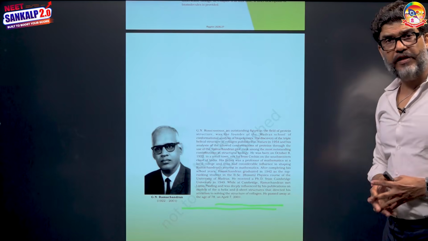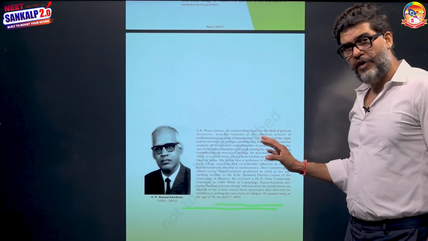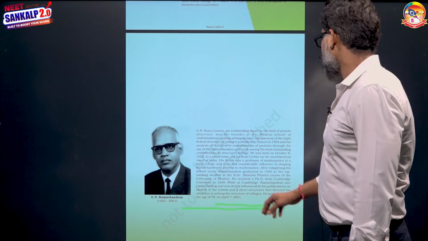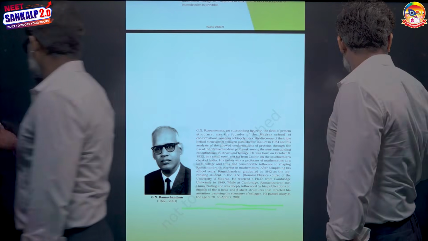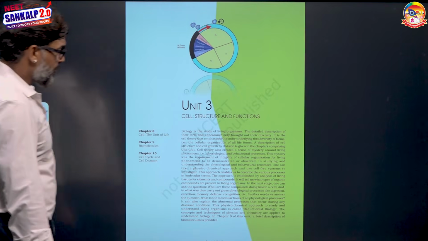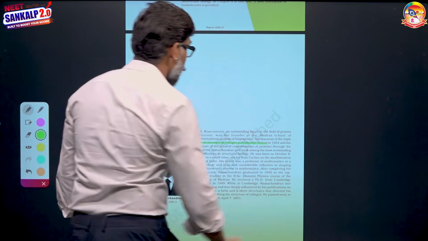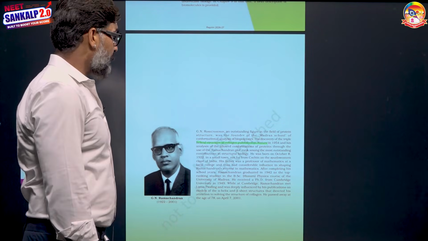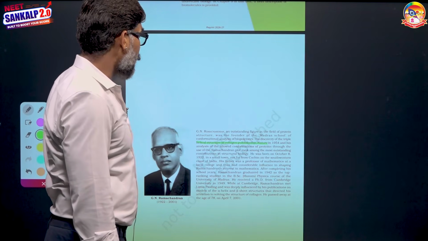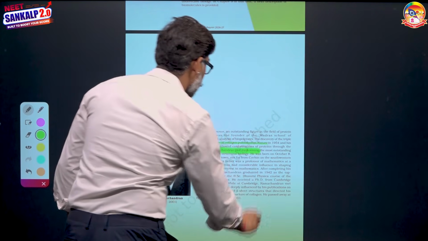Then about G.N. Ramachandran's introduction, you have to keep everything in your memory, because this is one of the important paragraphs. One, the helical structure of tropocollagen as suggested by him was one of the important aspects; I am highlighting it here. The helical structure of collagen was published in Nature in 1954, and his analysis allowed the conformations of the protein through the use of the Ramachandran plot. This Ramachandran plot is an important aspect.